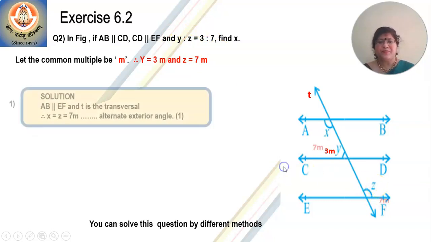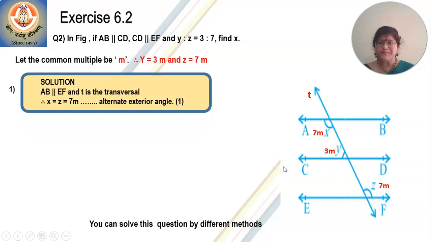Okay. So the solution, take parallel lines in this. AB is parallel to EF and T is the transversal. So look at this angle X and this angle Z. Are they not Z-shaped angles?